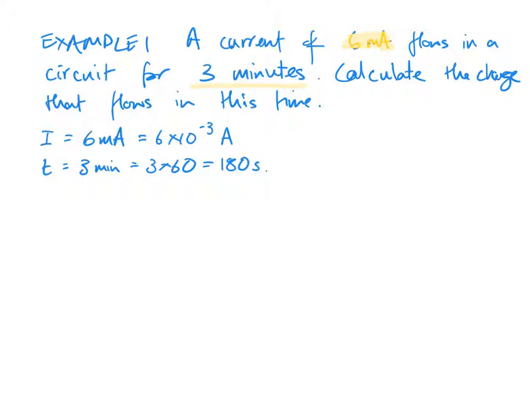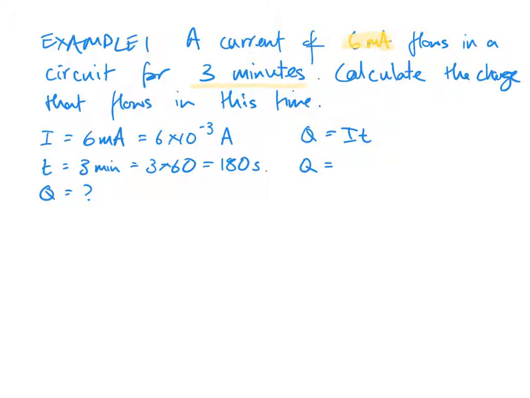So I've listed all the information I've been given in the question. Stage 2, what am I being asked? Okay, and then the obvious formula for this one, because it's a worked example, is the formula just introduced.